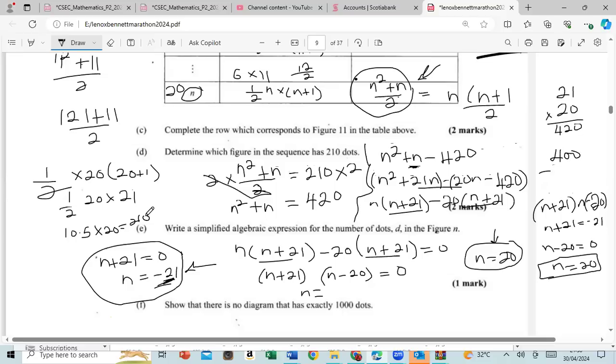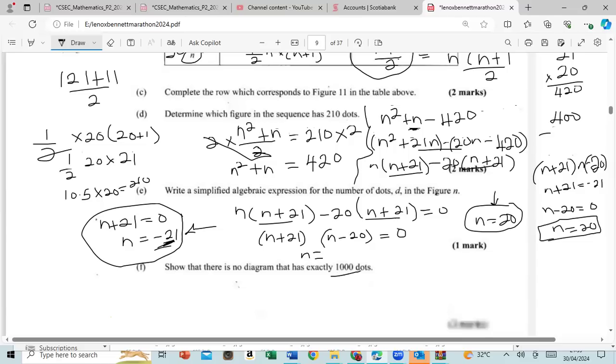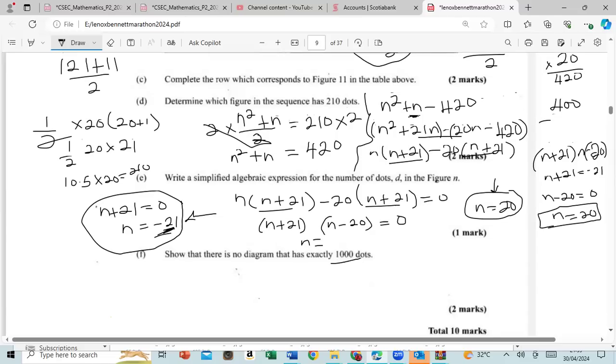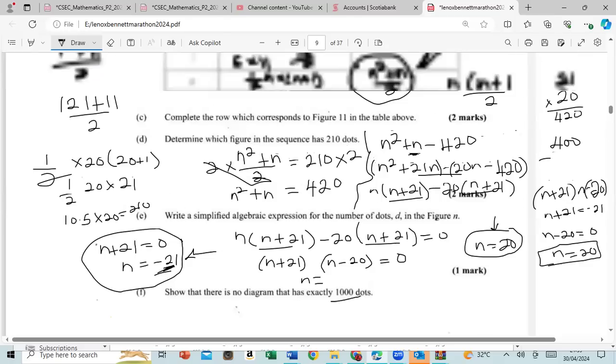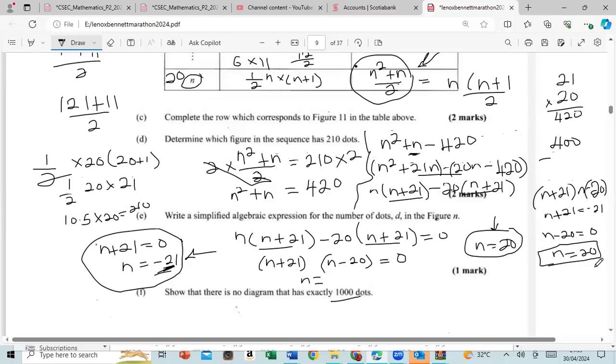All right, now they say, show that there's no diagram that has exactly 100 dots. It'll probably work out to 1,000. I'm probably sure it's 2 consecutive numbers. So let me approach it that way.